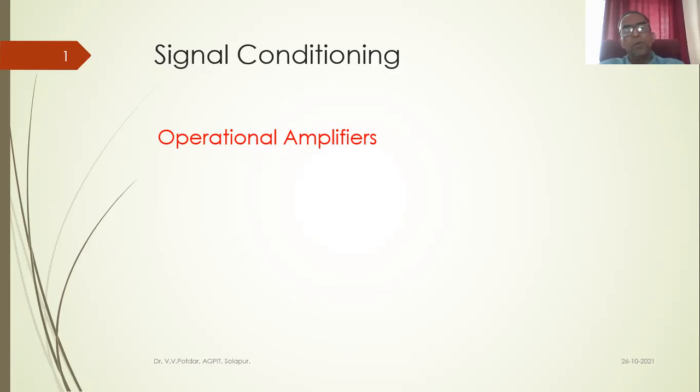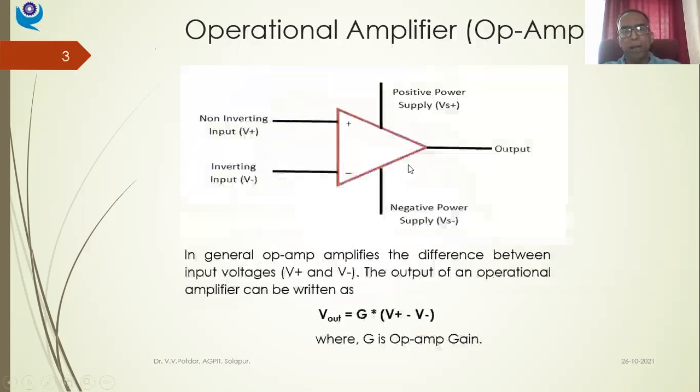Those signals need to be amplified, enhanced, so that it will be easier for the controller to receive and process those signals. There are a variety of electronic amplifiers available, and out of that, the universal amplifier, you can say, is the operational amplifier. We'll briefly study what this operational amplifier is.